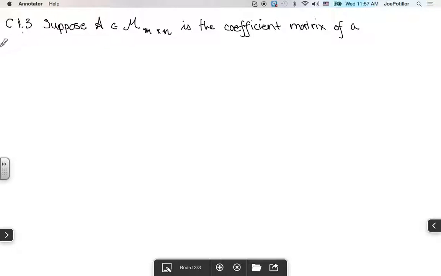of a homogeneous linear system. Homogeneous means when there's zeros involved.